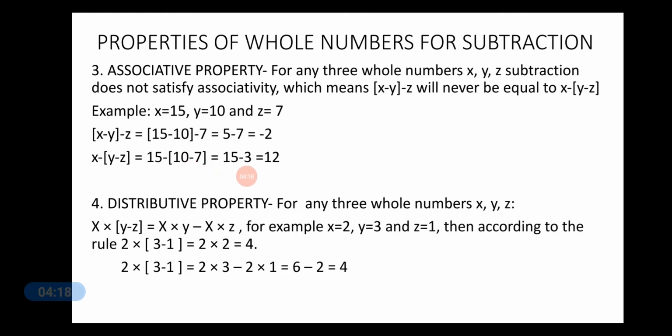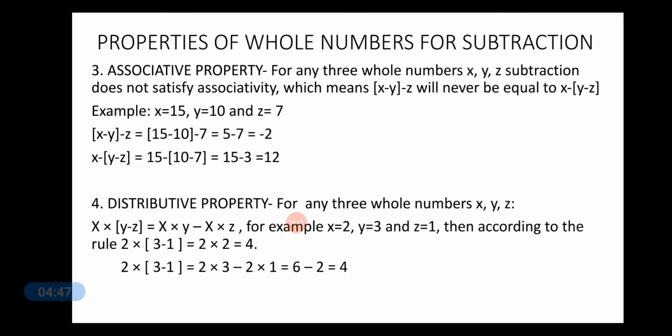So in the next step, 15 minus 3 will give you the answer 12. Now in both cases the answers are different. In the first case the answer is minus 2, whereas in the second case the answer is 12. So the associative property is also not satisfied for subtraction of whole numbers.